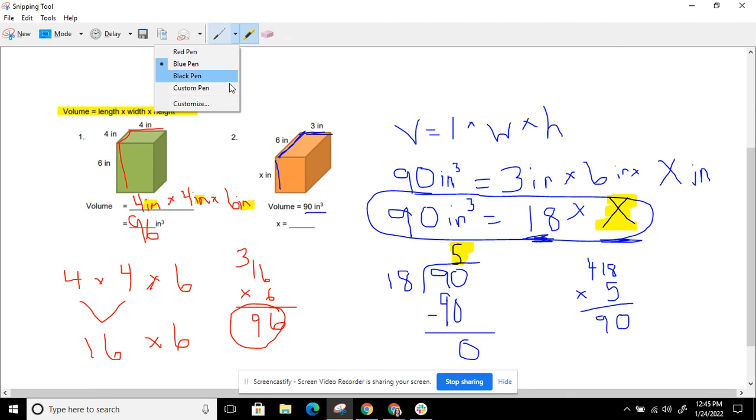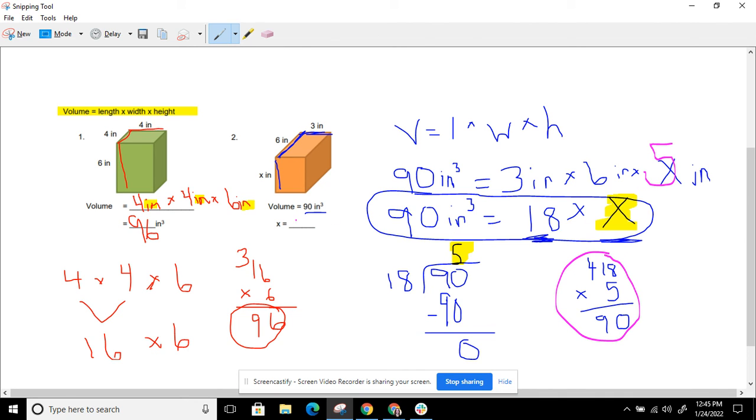If I were to come back here and do 3 times 6 times 5, we should get 90 inches cubed. So we solved that. 6 times 3 is 18, and 18 times 5, we just solved here, is 90. So this missing piece is 5 inches.